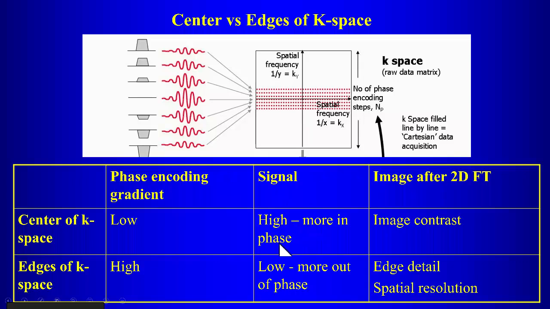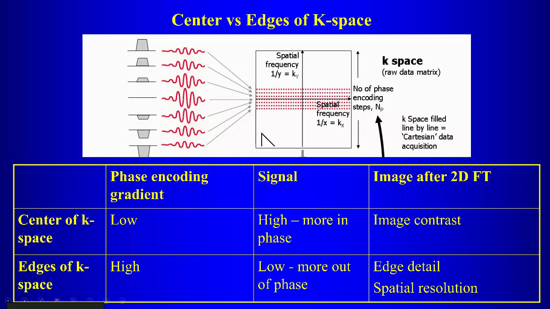So we have more signal in the center of K-space because we have less dephasing. Your frequency encoding gradient is also less here. So things are more in phase, that gives you high signal. This corresponds to more image contrast. So the center of K-space is responsible for image contrast.